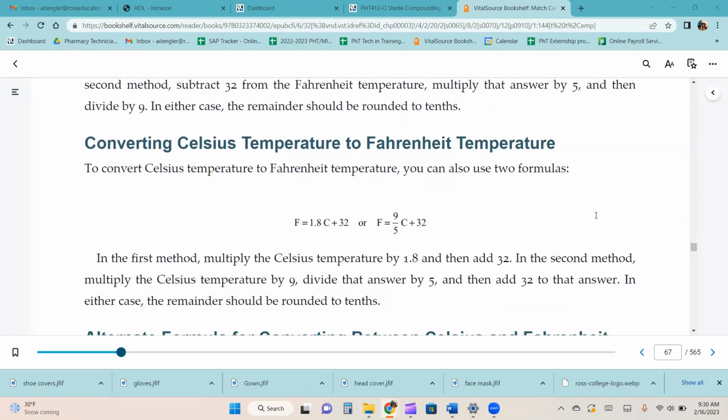Now converting from Celsius to Fahrenheit, you can use either of these two formulas. And I, again, recommend using this one. So you would plug in the Celsius temperature here, multiply that by 1.8, and then add 32 to it.